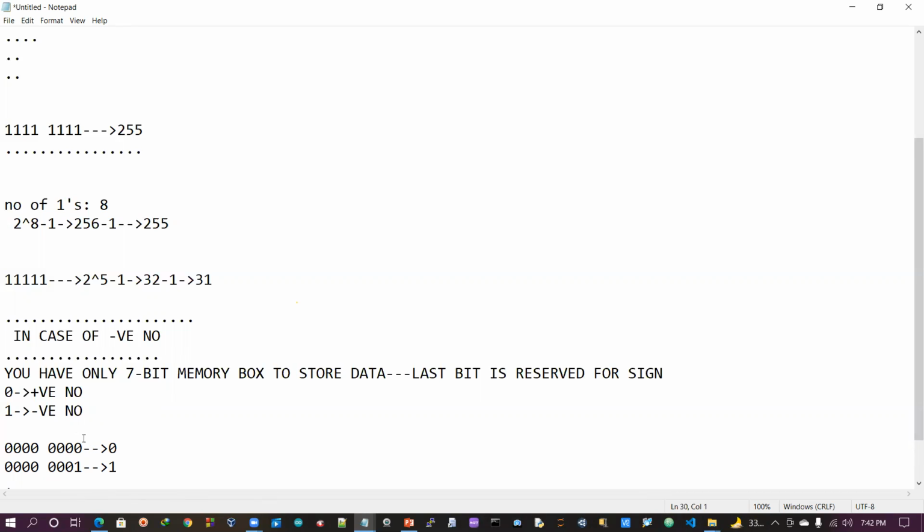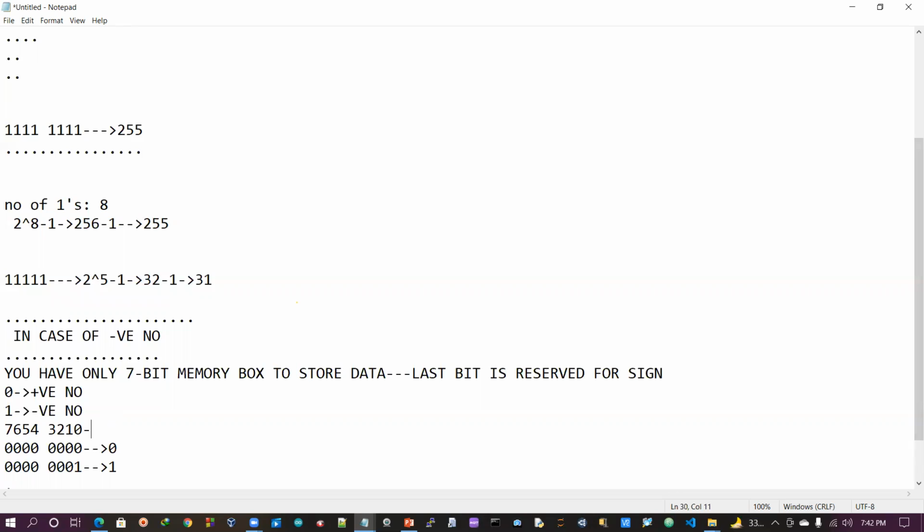Actually, the numbering is like this: 7, 6, 5, 4, and here 3, 2, 1, and 0. Okay, 0th bit, 1st bit, 2nd bit, 3rd bit, 4th bit, 5th bit, 6th bit, 7th bit.